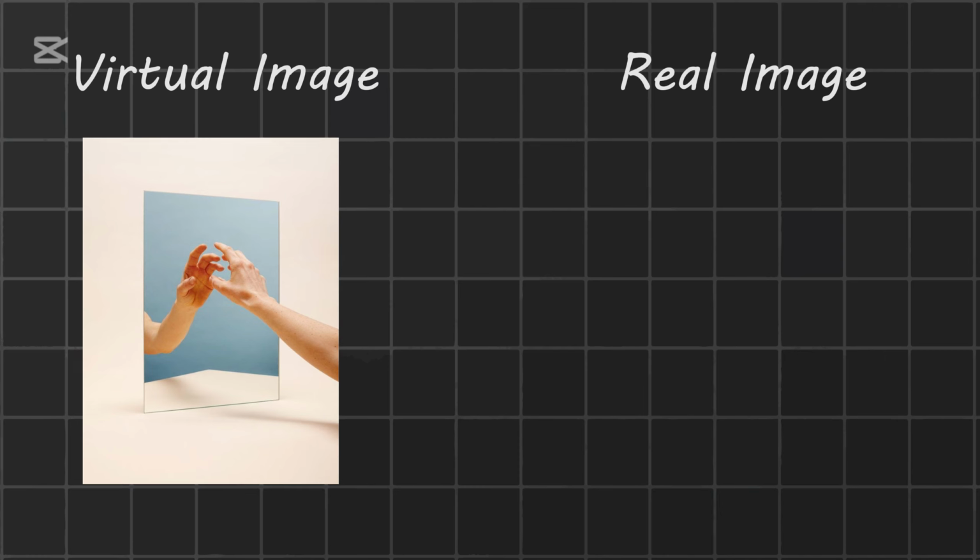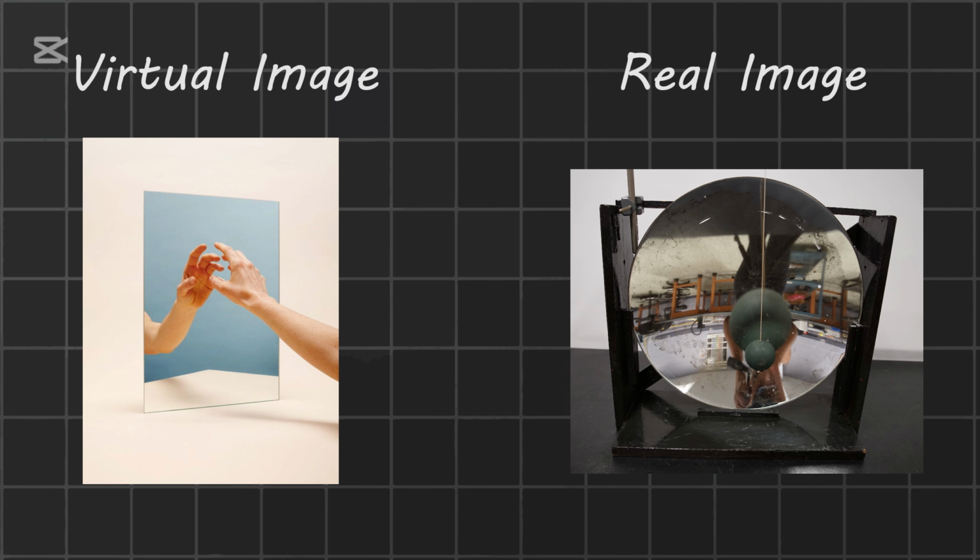Virtual images form upright images and are always formed behind the mirror. While real images form inverted or upside-down images, they are actually formed by the intersection of reflected rays. There is still a lot to discuss about real and virtual images, but maybe that will be for another video. For now, this is what we'll include.